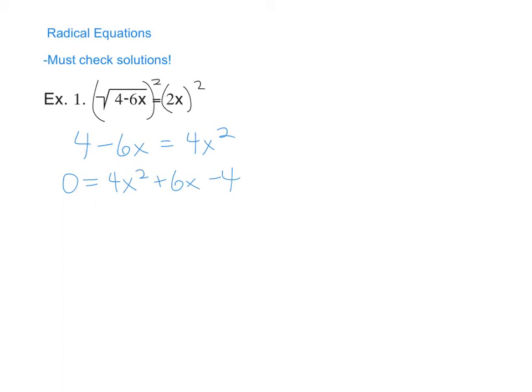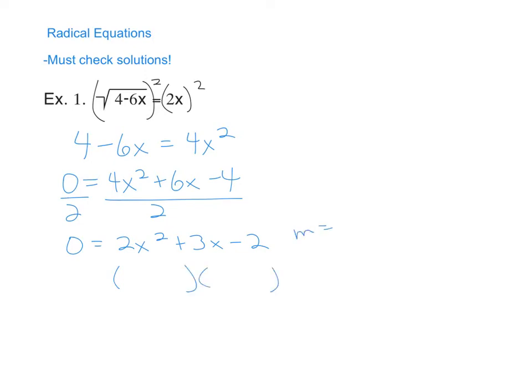Okay, so now I have to decide: quadratic formula or factoring. I'm going to use factoring on this one because it is factorable. The first thing I can do is take out a 2. Instead of factoring out a 2, I'm going to show you that if I take this whole side and divide by 2 and divide by 2, as long as I do it to both sides, I don't have to worry about that 2 out front. This is factorable.